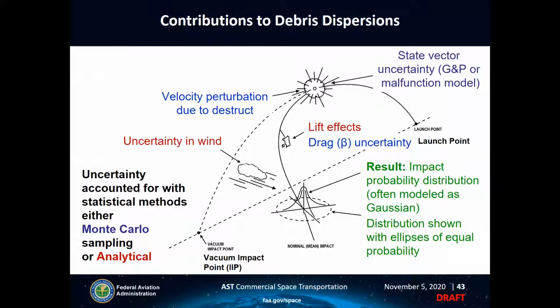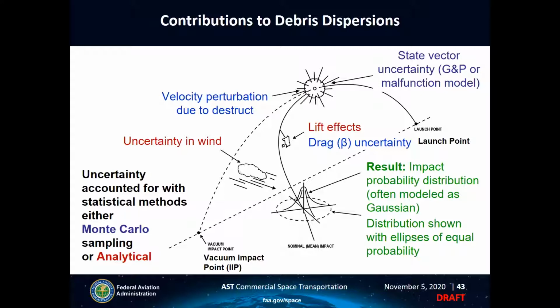There's a breakup, could be on trajectory explosion, on trajectory aerodynamic breakup. There's going to be some uncertainty in the position of the vehicle and the velocity of the vehicle at a given time in flight. Even if it's behaving nominally, there's normal dispersions based on the performance of the rocket or perhaps the winds affecting the rocket itself.